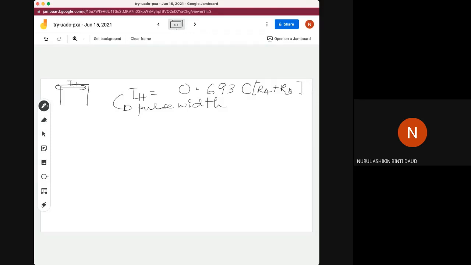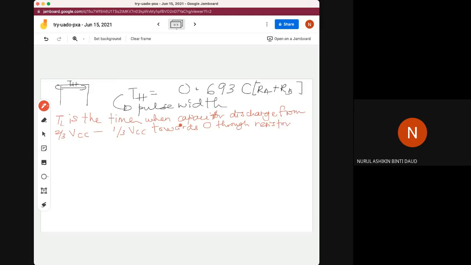So how about TL? Let's look at TL. TL is the time when the capacitor discharges, from 2/3 of VCC until 1/3 of VCC, towards zero, through resistor RB.